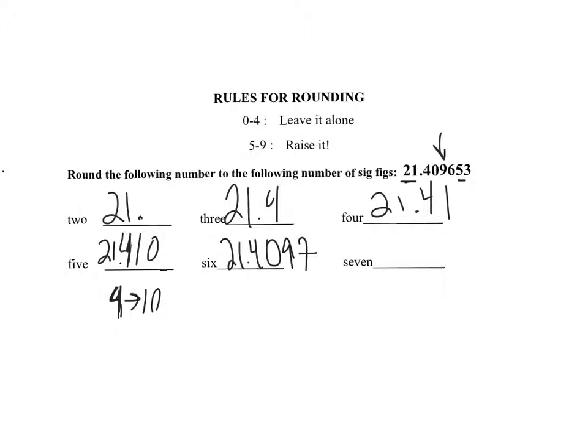Last but not least, 7. 21.4096. 1, 2, 3, 4, 5, 6 significant figures. Last, we'd look at the 5. That's going to be our 7th significant figure. So let's look at the next one, the 8th. It's a 3. 3s round down. So we're going to leave the 5 alone.